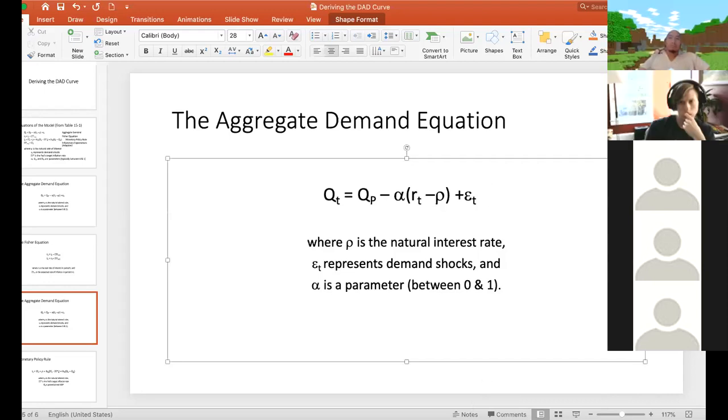Could it come in as part of the other demand shocks? Yes, it comes in through the epsilon term. Where does a change in autonomous consumption or autonomous investment come in, Rob?